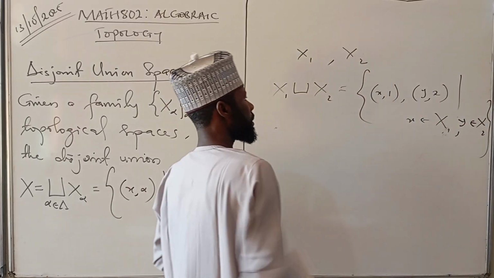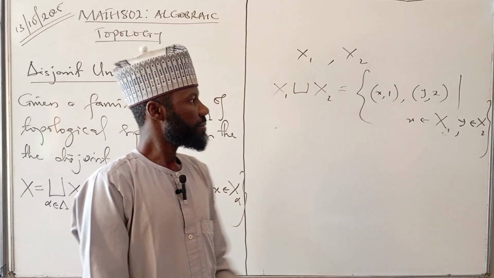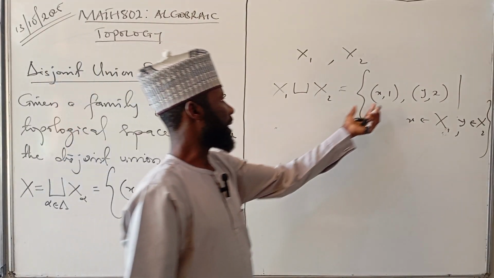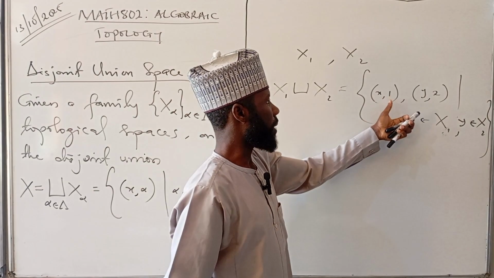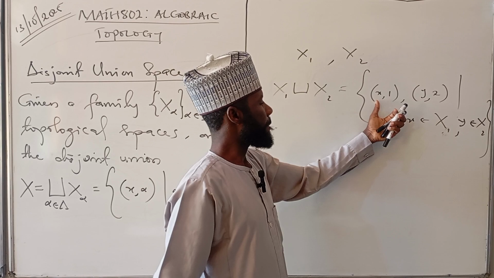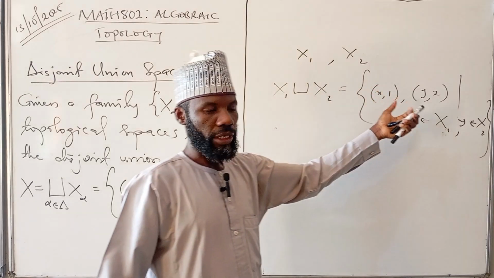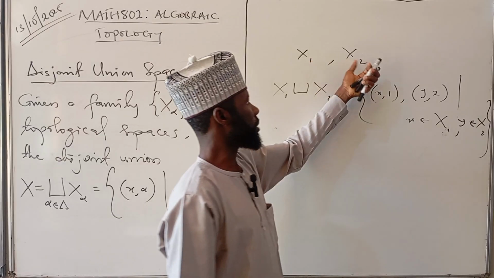It's a disjoint union, because the collection of all ordered pairs (x, 1) is equivalent to X1, and the other collection is equivalent to X2.